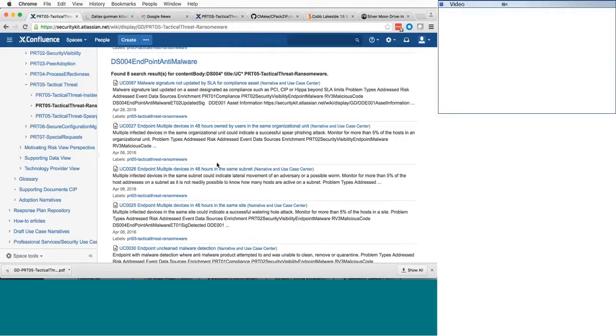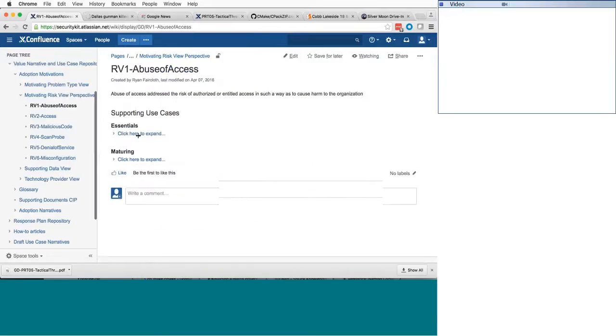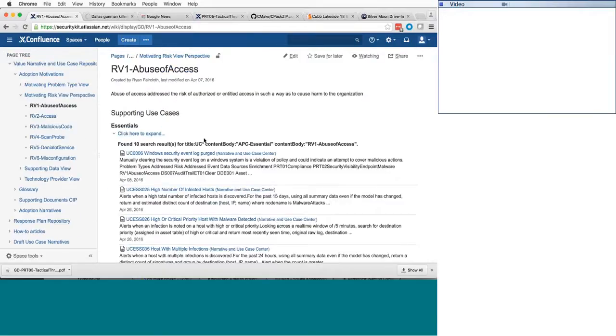And we add additional concepts from spear phishing. We talk about risk-based adoption as well. For example, the risk of malicious code, the risk of scanning, the risk of denial of service, risks of misconfiguration, abuse of access, and then what use cases you could pivot to address those kinds of concerns. So that's the use case repository in a nutshell, and we would be happy to dig into it further.